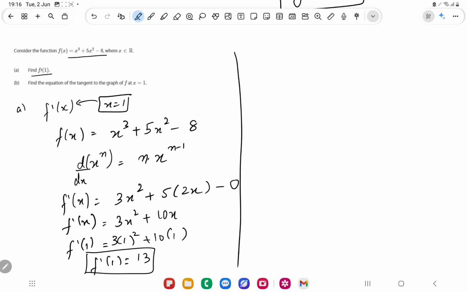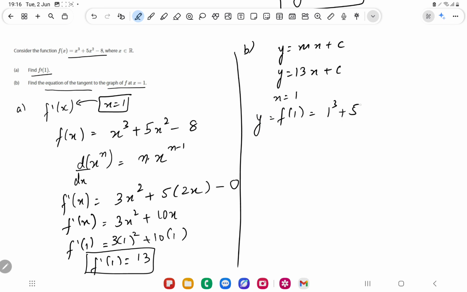Now in the B part, find the equation of the tangent to the graph of f at x is equals to 1. So we will again be using y is equals to mx plus c, where my m is 13, but now I need to find c. So for that, x is equals to 1 is given to me. So first I have to find f of 1, because this is nothing but my y.